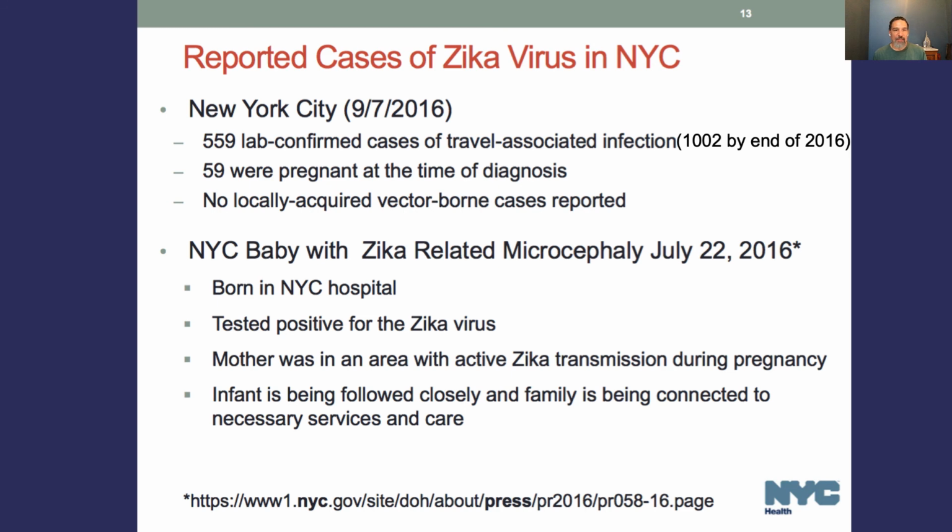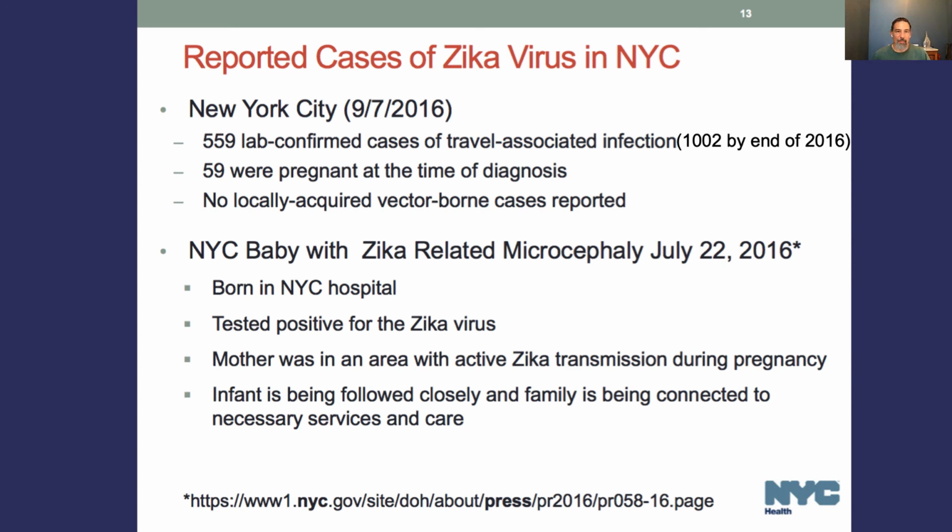In New York City, there were about 559 lab-confirmed cases as of September of 2016, and these slides are a little out of date. And if you check for all of New York State, there were about 1,000 cases reported for all of 2016. 59 of them were pregnant at the time of diagnosis, and there were no instances of locally acquired Zika virus transmitted within New York during 2016.